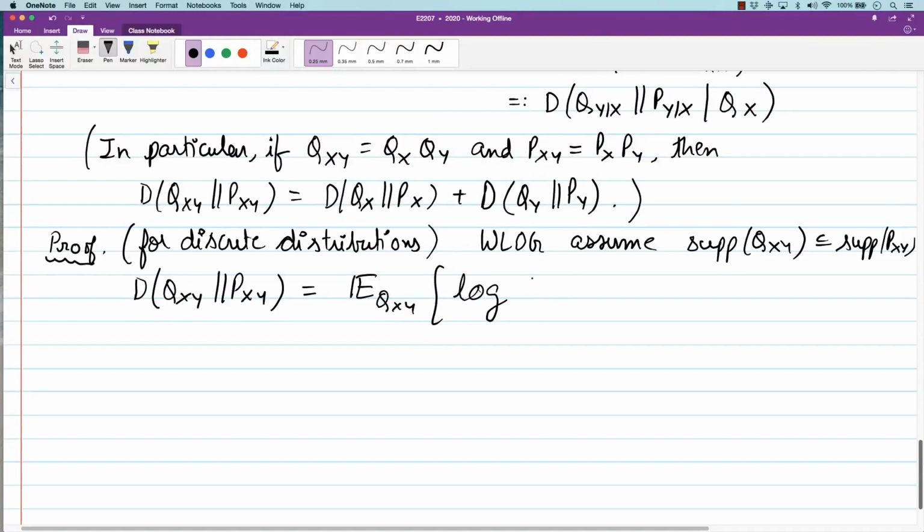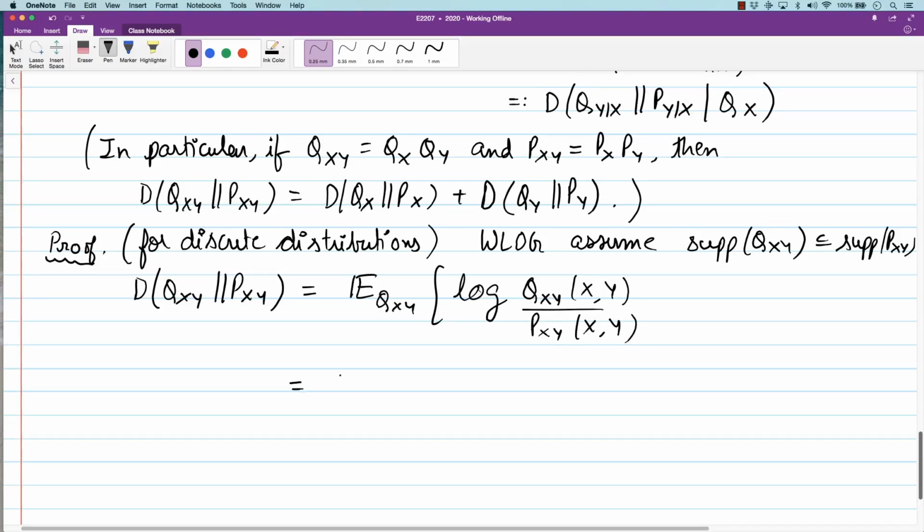So then you have qxy of x comma y. This expectation is for this x comma y by pxy of x comma y. These are the random variables, and the expectation is with respect to these random variables.